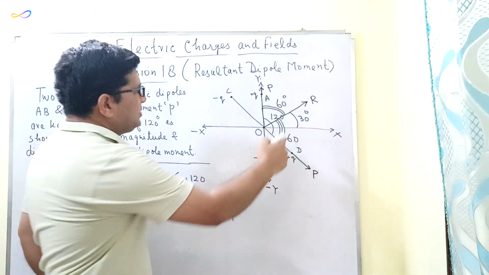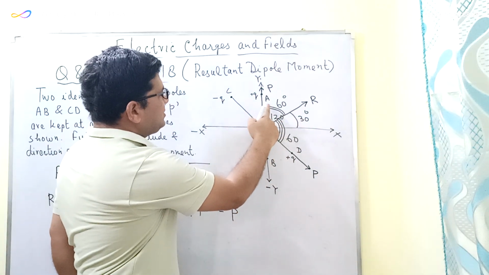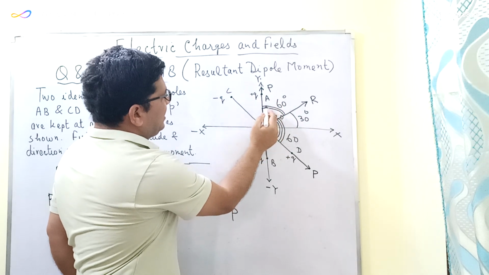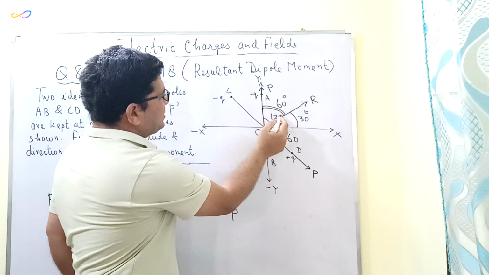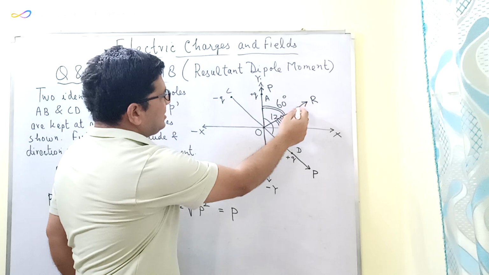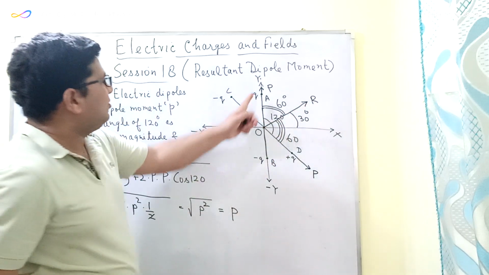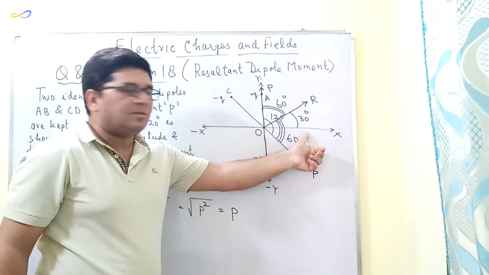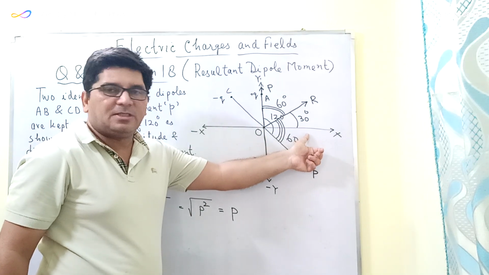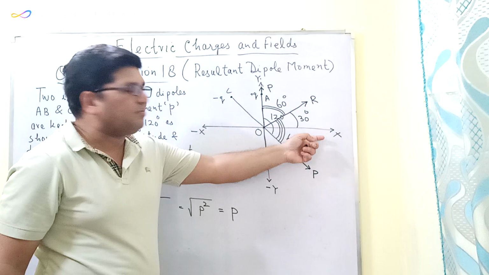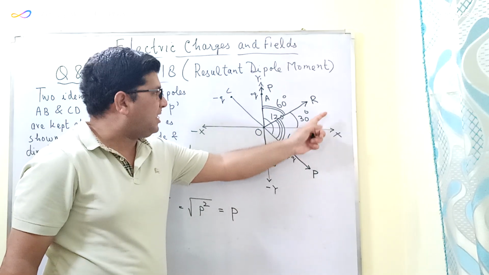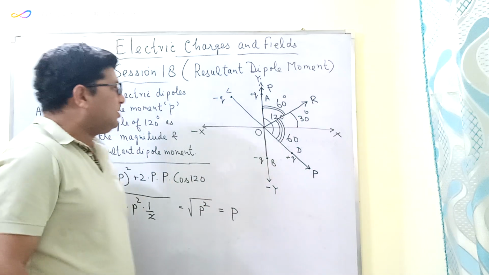Since this angle is 60 degrees, this resultant is making an angle of 60 degrees with the y-axis. So this resultant dipole moment is making an angle of 30 degrees with the positive x-axis as shown in this figure.